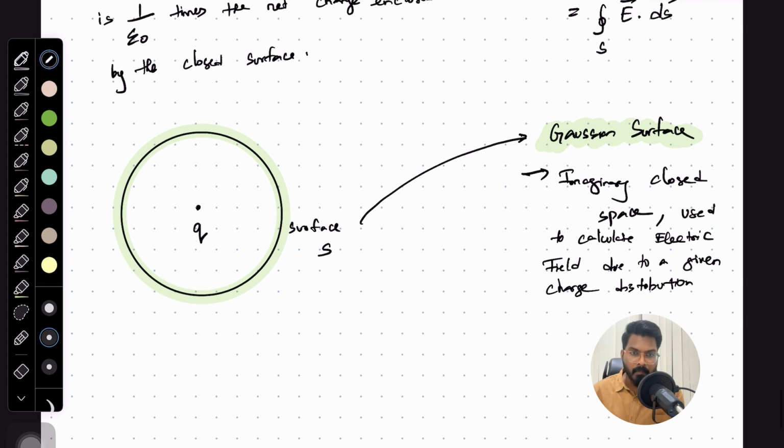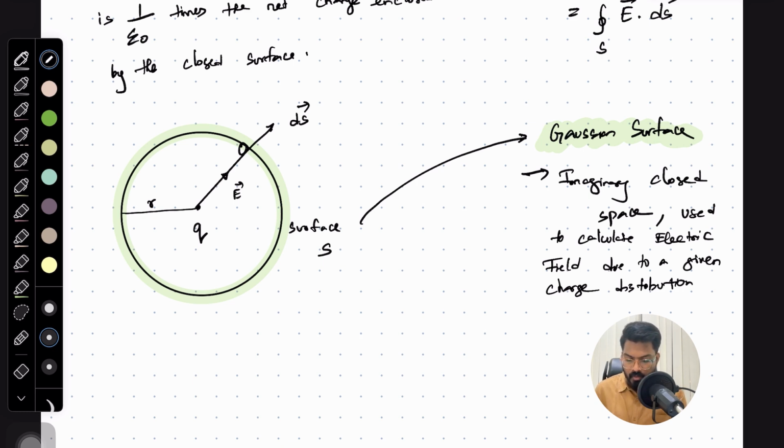Now let's say our electric field is acting in this direction, so I'll write it as E vector. Then there is a small area, and this area is a vector, so that is dS vector. I am assuming the radius of the Gaussian surface is r.